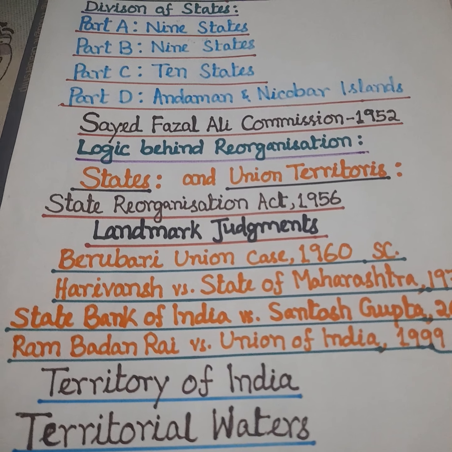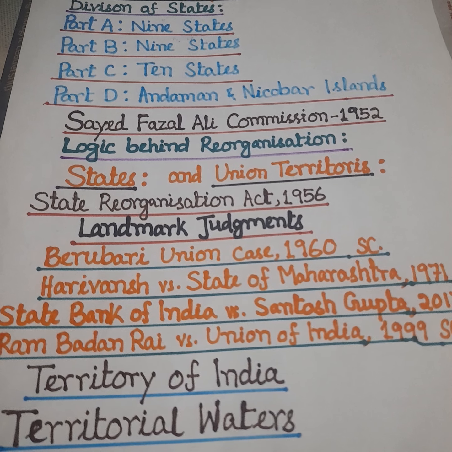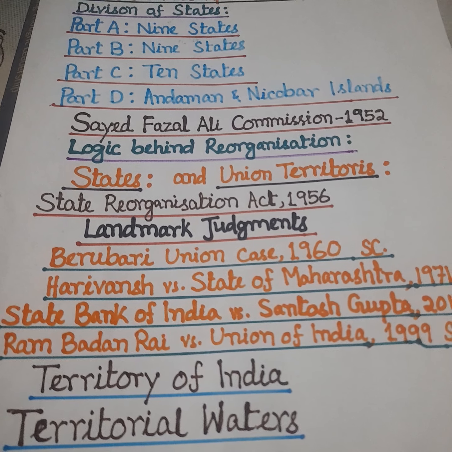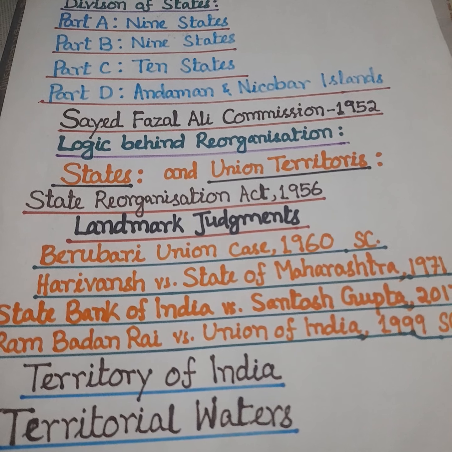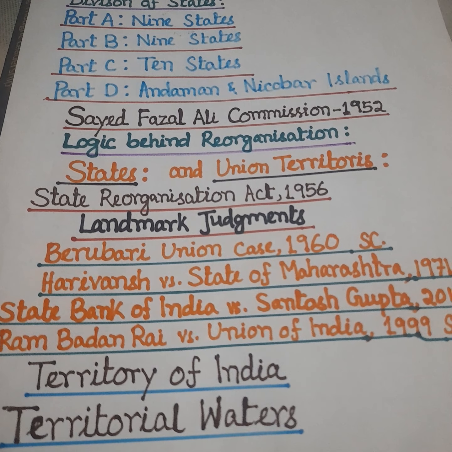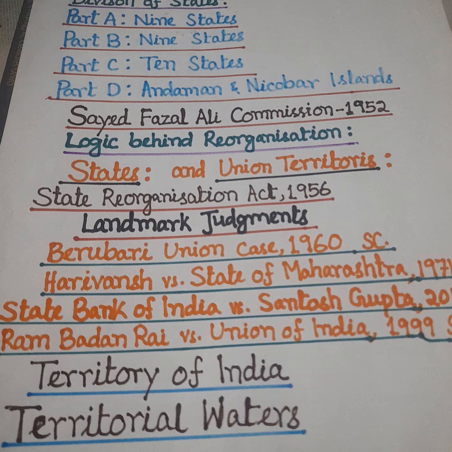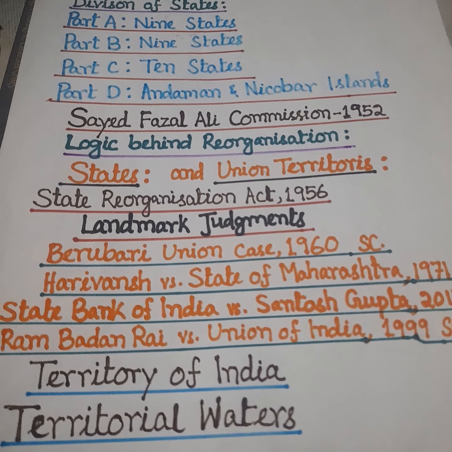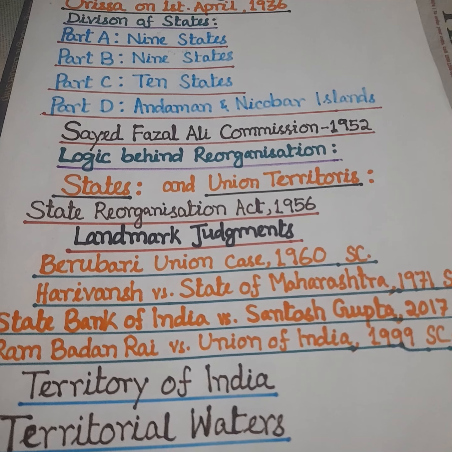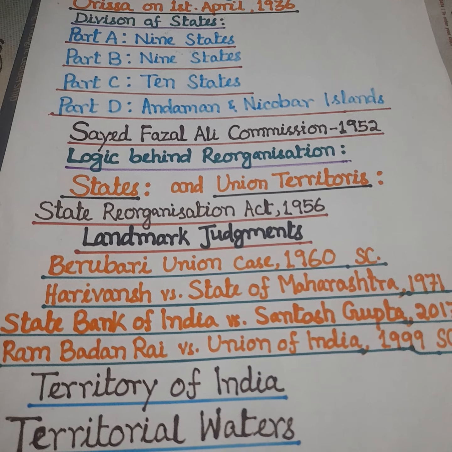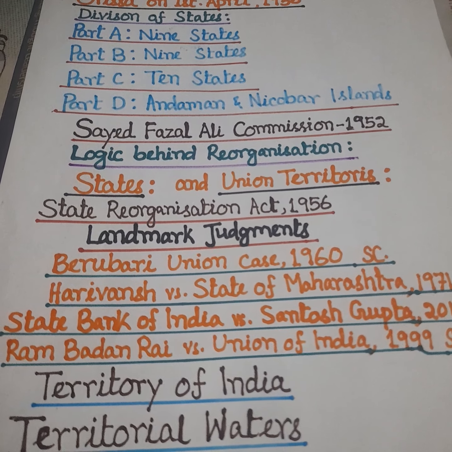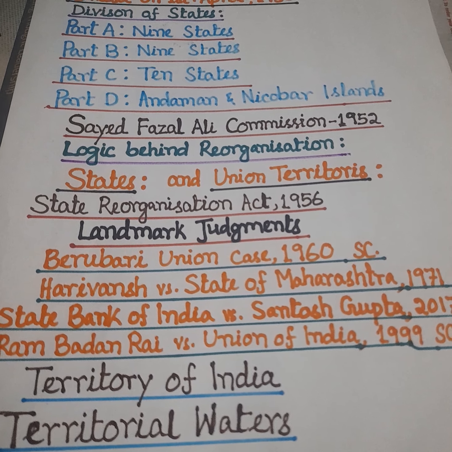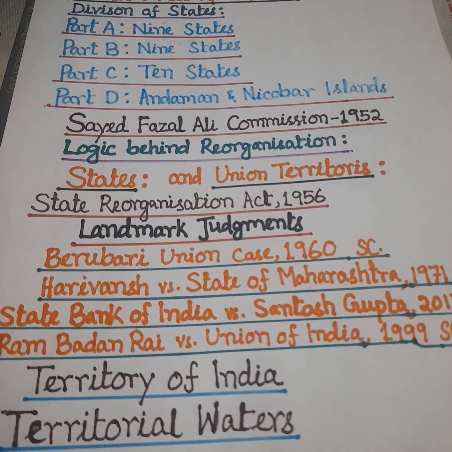But finally, it led to the creation of 14 centrally governed states and 6 union territories, through the passing of the 7th Constitutional Amendment Act in 1956, which replaced the 4 different divisions of states, Part A, Part B, Part C, and Part D. Finally, it recommended only 2 categories: states and union territories.